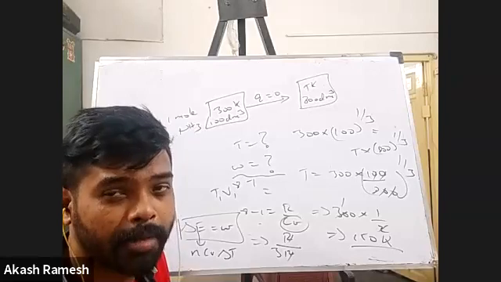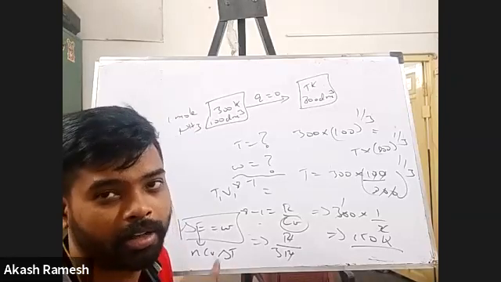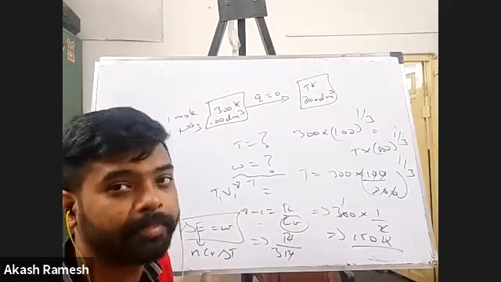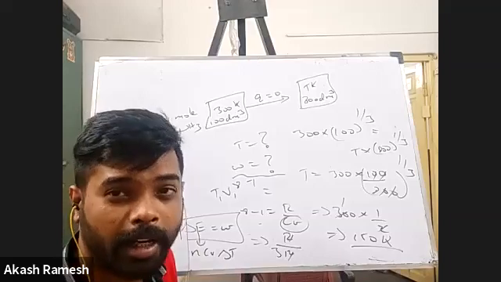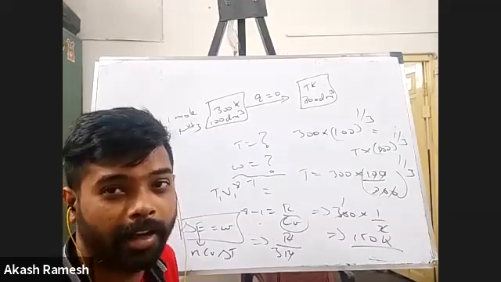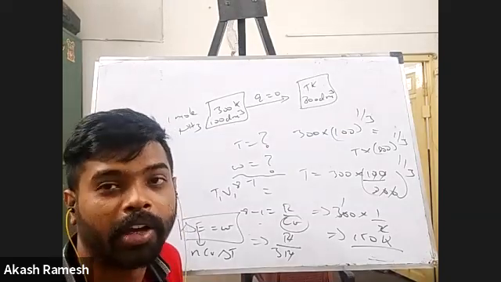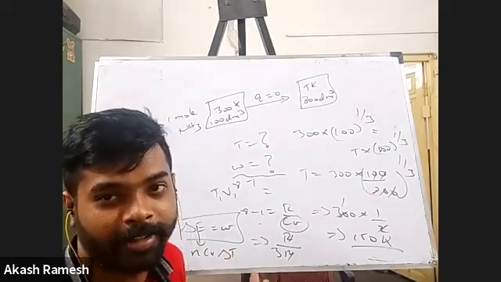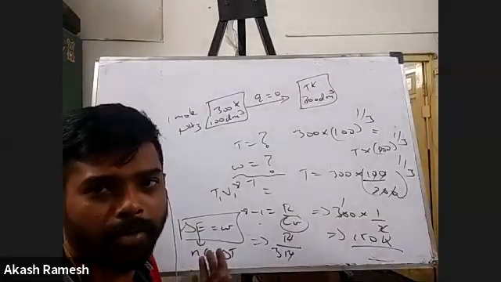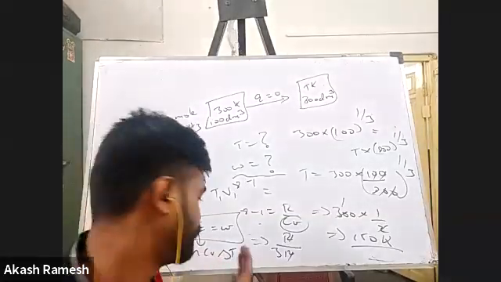So next time if I ask and nobody answers, delta E is equal to n CV del T. This is the formula which you have to remember for delta E.